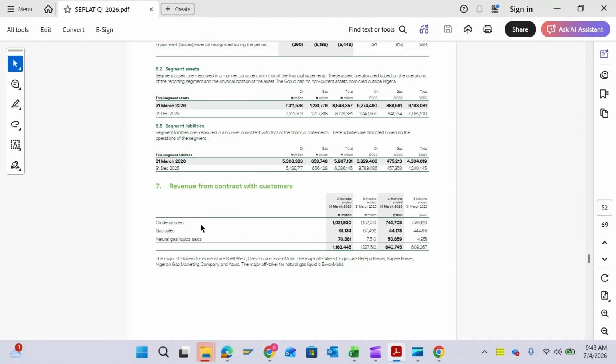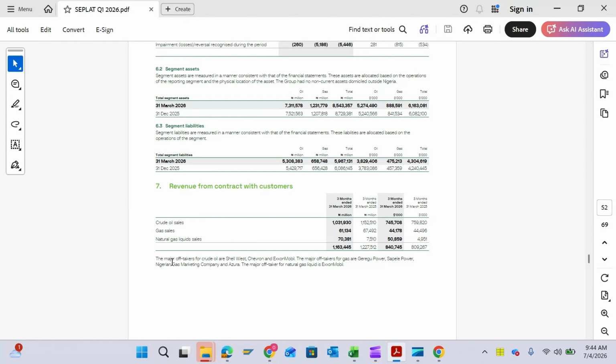For gas sales, 44,178,000 came in. Then under natural gas liquid sales, 50,859 came in.